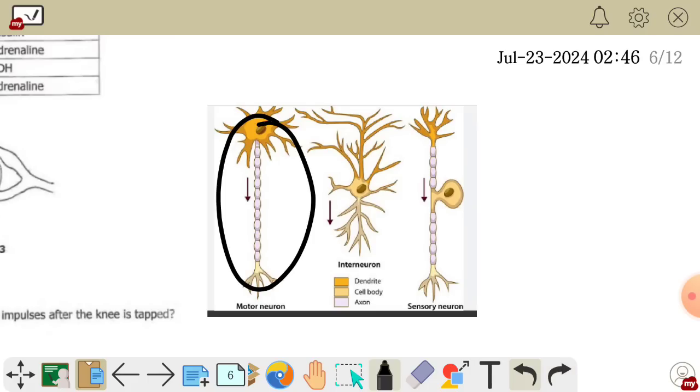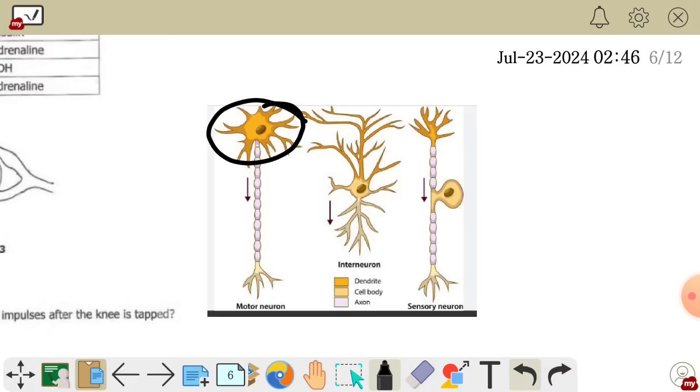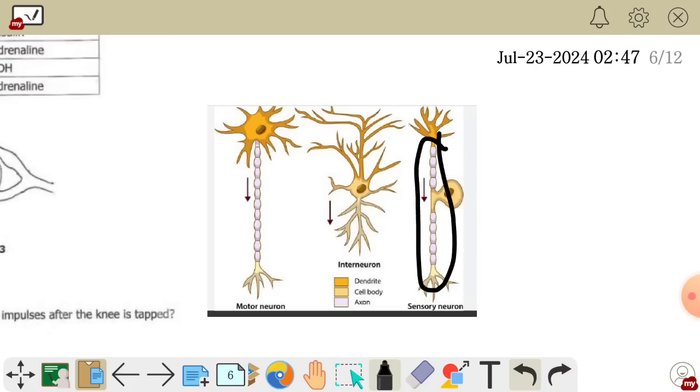Then we have the motor neuron, which has a cell body at the end. But for the sensory, it has a cell body in between the axon. This whole tail is the axon, but in between the axon, we have the cell body. In the motor neuron, the cell body is at the end.